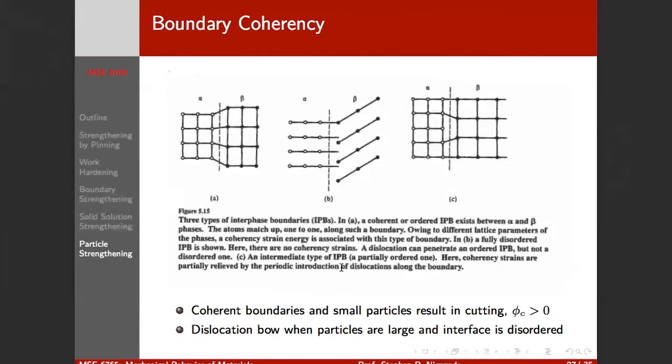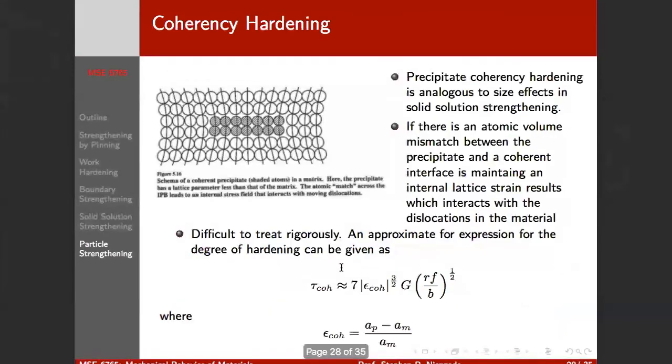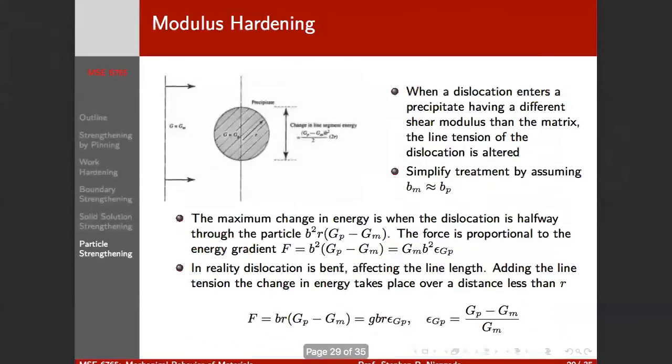Then you're going to have some interfaces that are semi-coherent, where essentially you have rows of edge dislocations that you can use to model your interface. So we've got a different set of interactions going on there. So we can think about the strain field and the volume mismatch.